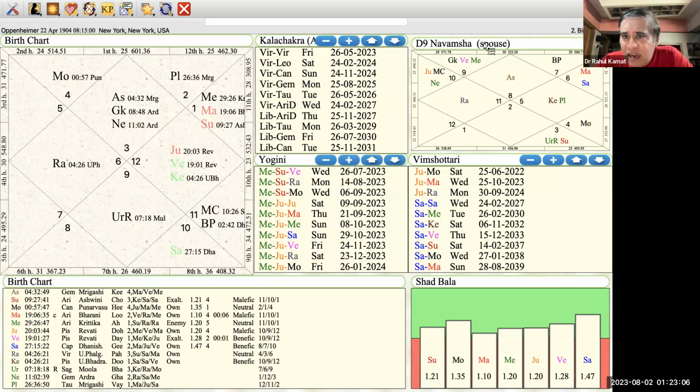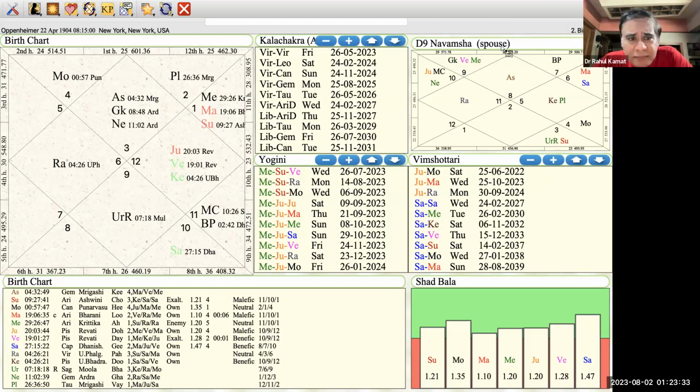Now if you look at D9, Mercury collaborates with Venus here, and it is also with Gulika. Now Gulika in the Lagna is a kind of suffering element. It is Shaniputra Gulika. It will throw some kind of doubt, some kind of intrigue in the whole proceedings. Okay, but more of that later.